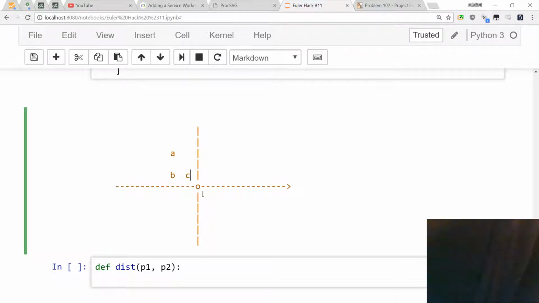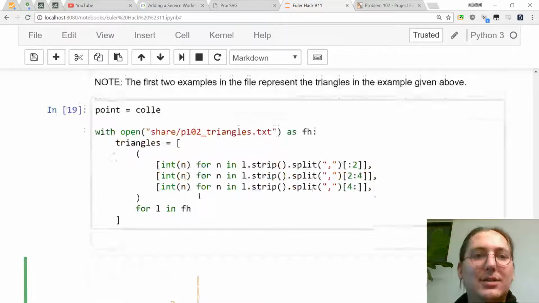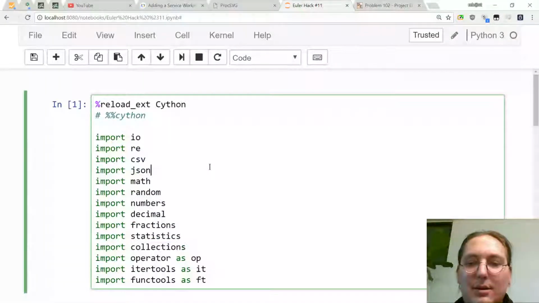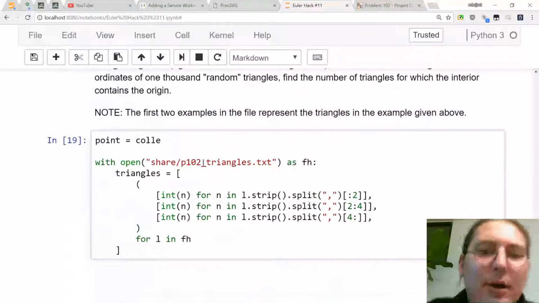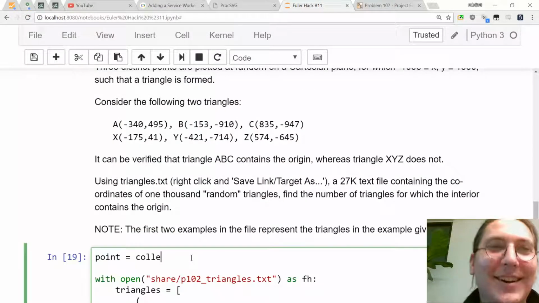The distance here to here. Or we can just try, from here is less than this and this. I think it might work. I don't know. So we continue with another point.